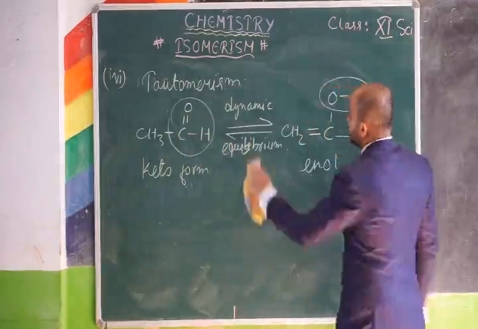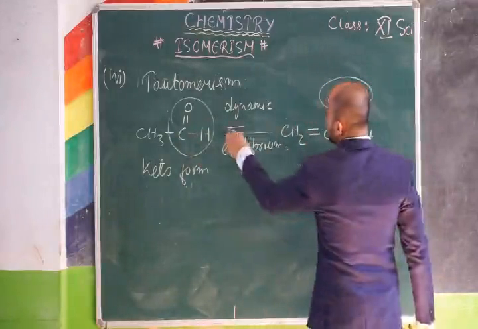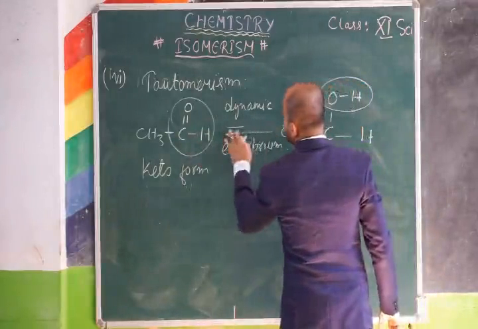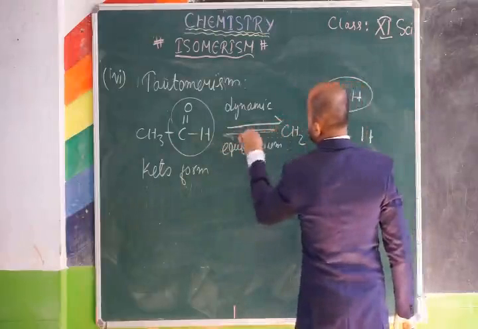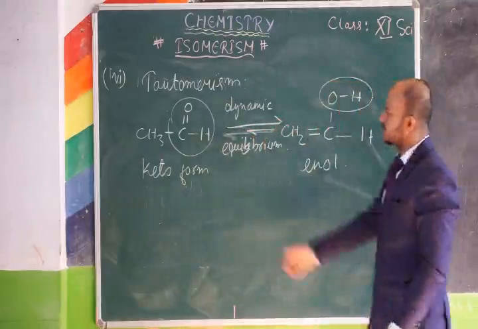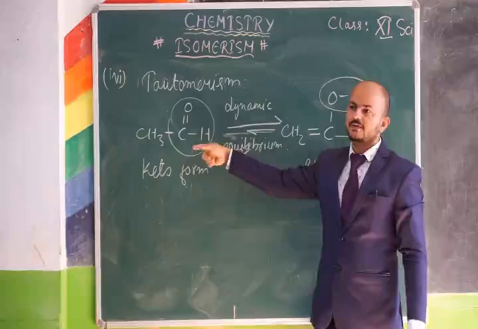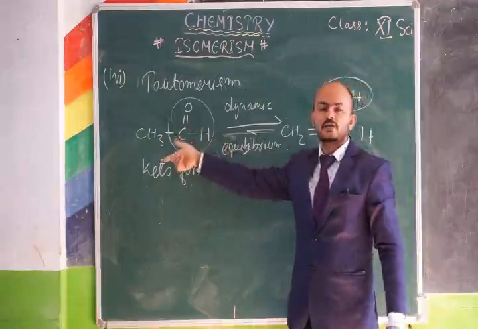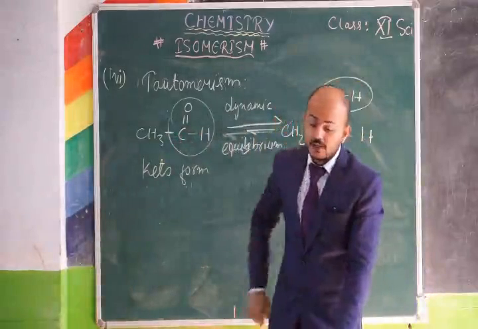To tell it approximately, the forward reaction is more compared to the backward reaction because this is the more stable form. So more amount of it will be converting to this, but some of it will also be converting to this form. This is known as dynamic equilibrium.